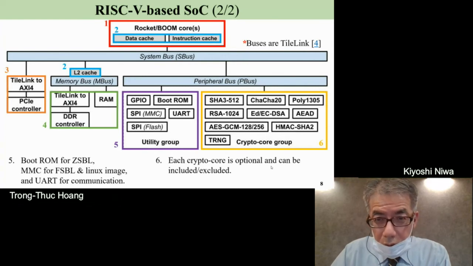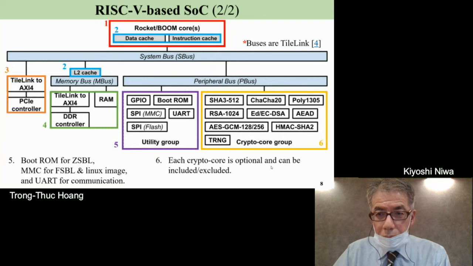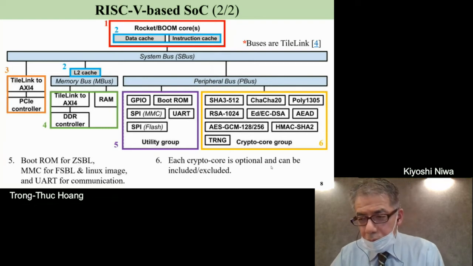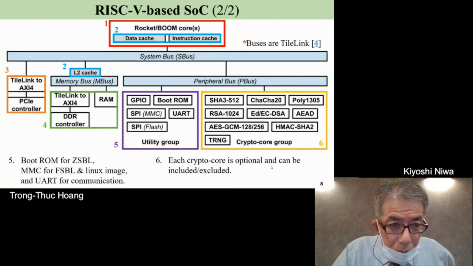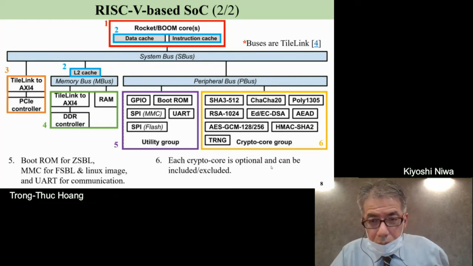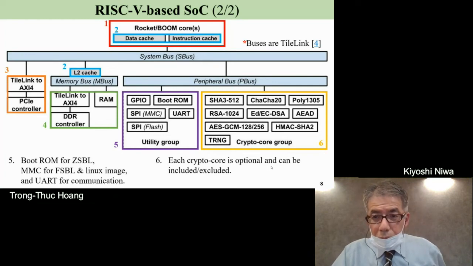For the instruction to use the crypto core, because we add it in the crypto wrapper, we only use it like read and write register. So there is no custom instruction in here. It's just a normal read and write transaction into registers inside the crypto core, and based on that we do the driver. Because it's on the peripheral, it's just register-mapped to the address.